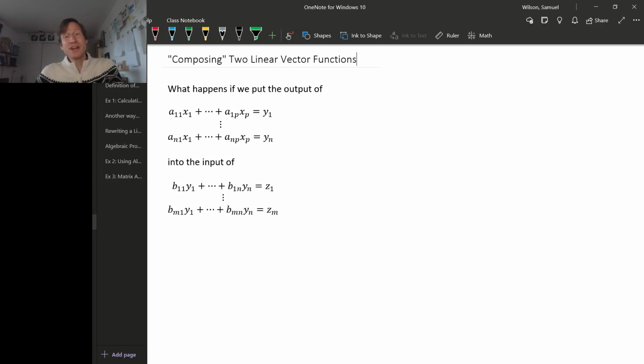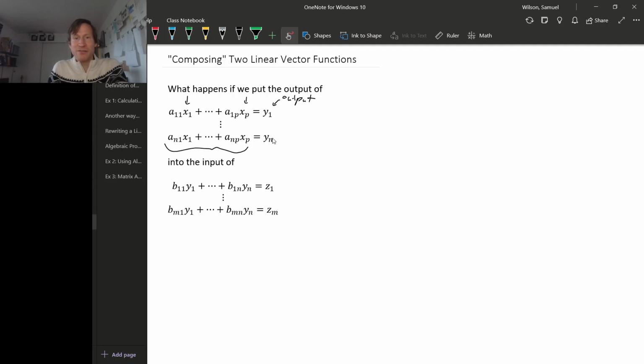But because linear vector functions are functions, there's one more operation that we can do with them, and that's composing the functions. That is, when you have two linear vector functions, we could take the output of one of them and put it into the input of another. So here, this left-hand side is acting like a linear vector function, right? Here the inputs are the x's and the outputs are the y's.